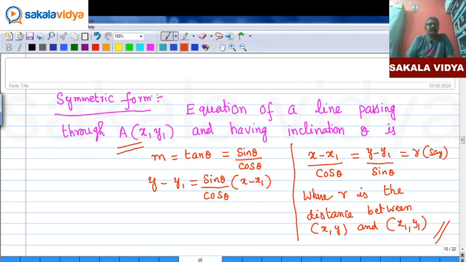This is called the symmetric form of a straight line.